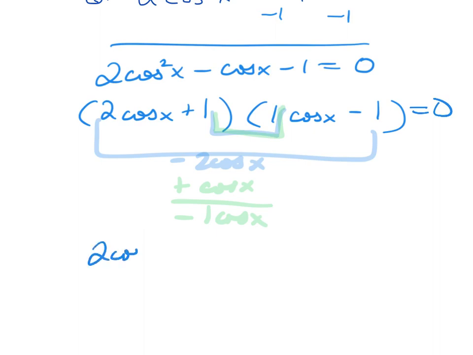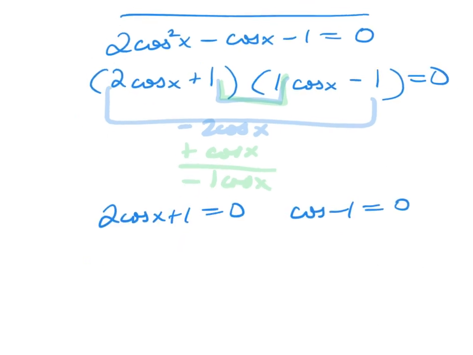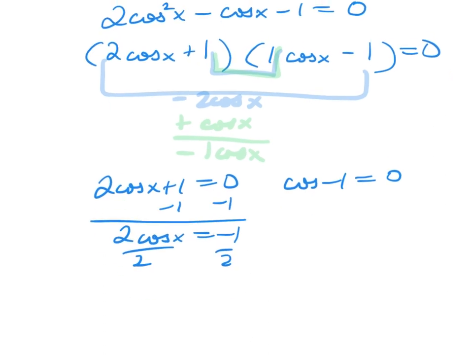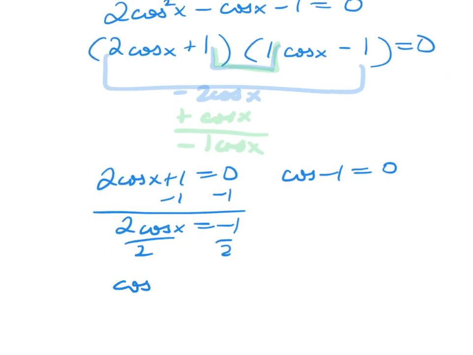So 2 cosine x plus 1 equals 0. And 1 cosine x minus 1 equals 0. Minus 1. 2 cosine x equals -1. Divide by 2. Cosine x equals -1/2.